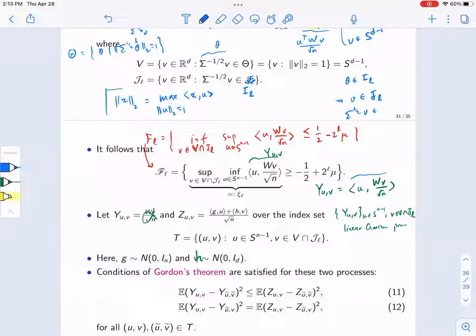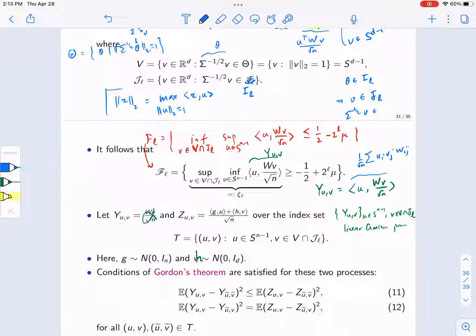Yes, if you expand it, it's just the sum of U_i V_j W_ij over root n. It's a linear combination of the elements of W, and these are jointly Gaussian because they're independent. So for any U and V, these are Gaussian, and the whole thing is jointly Gaussian as well. So it's really a Gaussian process.